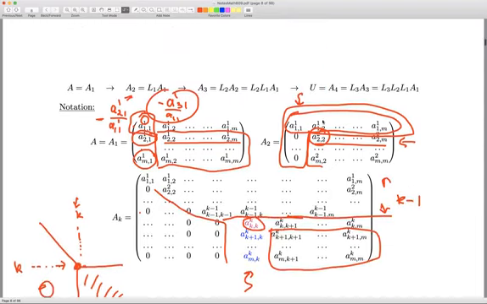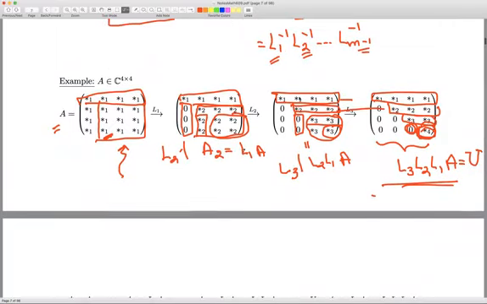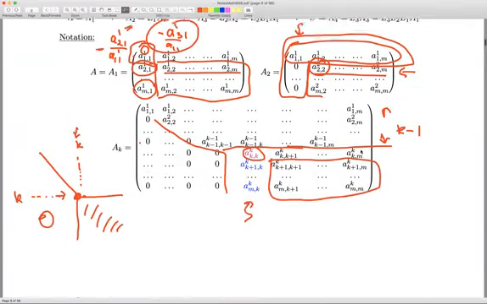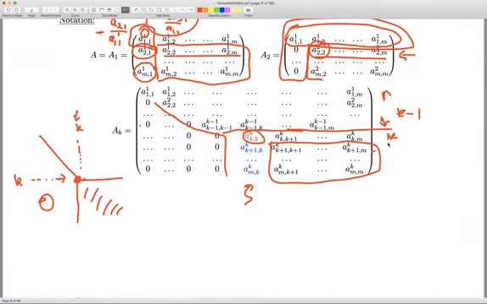They will be kept whatever they were up to that stage, and the only change will happen at row k plus 1, and so on up to row m. So all the change will happen in this submatrix.